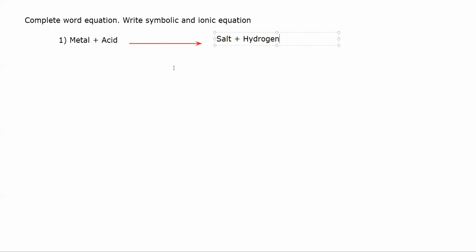So if I say complete a word equation, say it was calcium plus nitric acid, what will be the product?